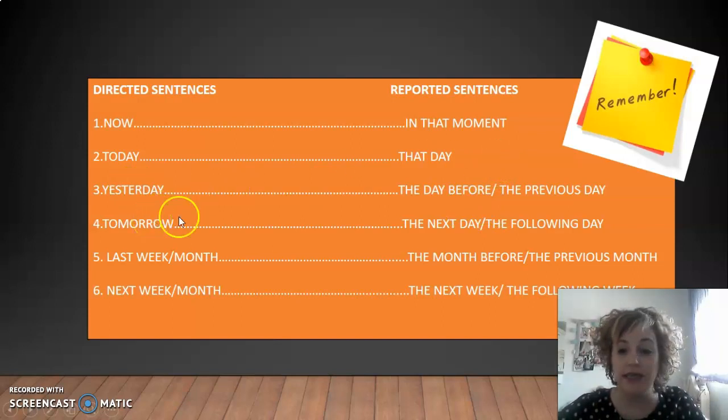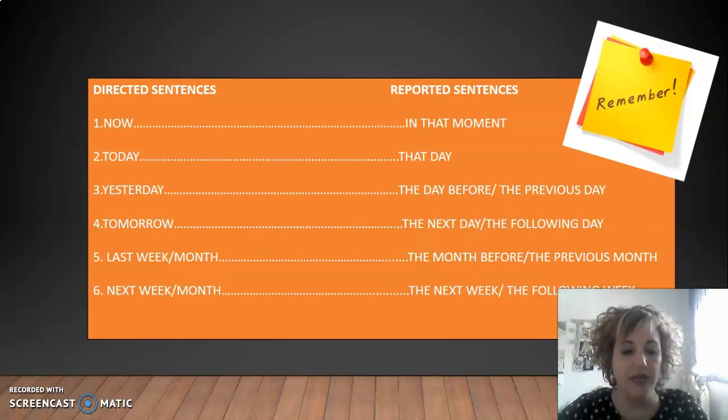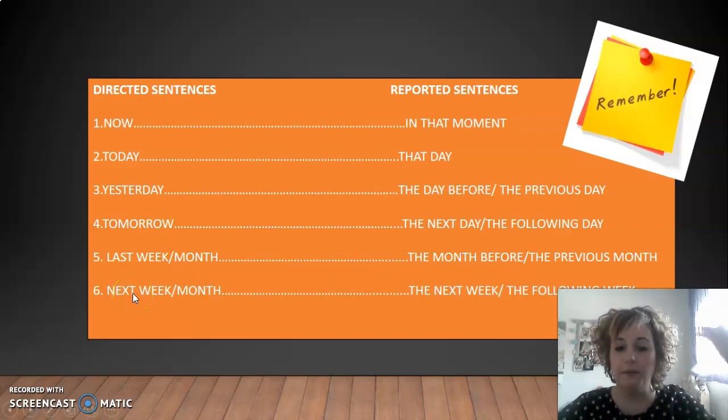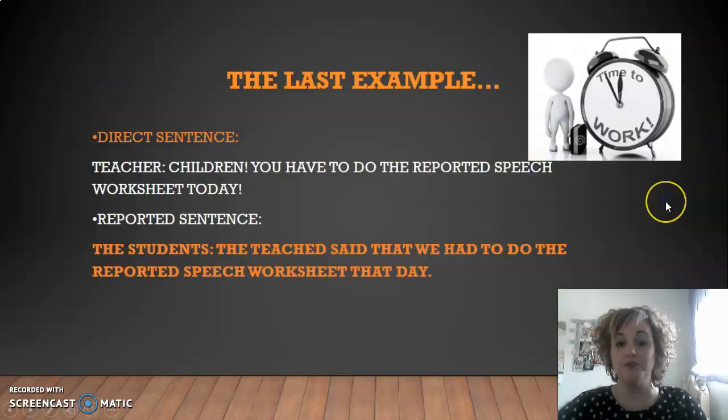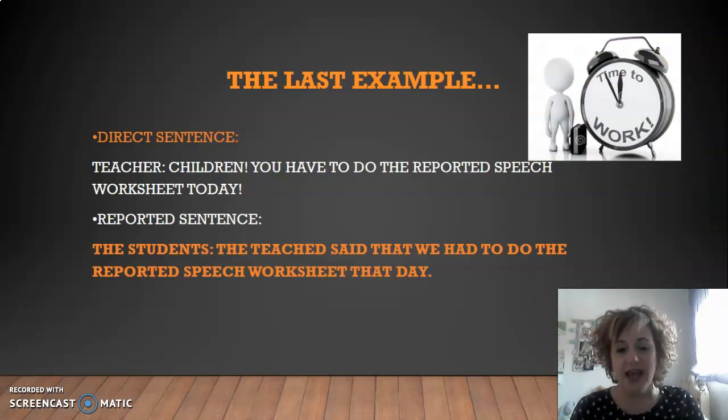Tomorrow, we can use the next day or the following day. Last week, last month, last Friday, whatever: the week before, the previous month, the previous or the last Friday, for example. And when we use next with week, month, or whatever, we have to use the next week, the following week, and so on.